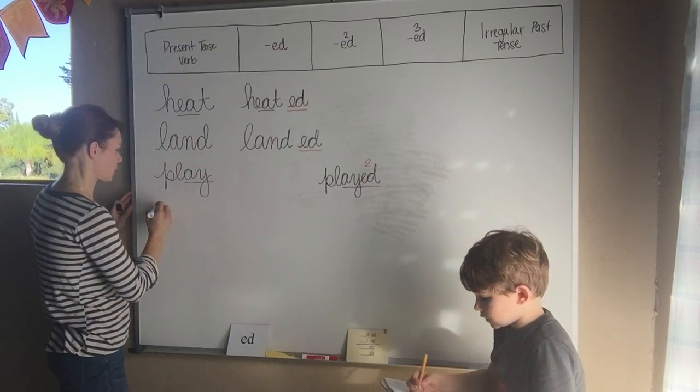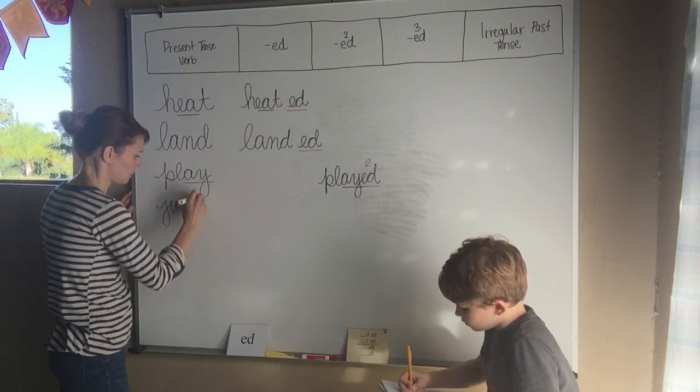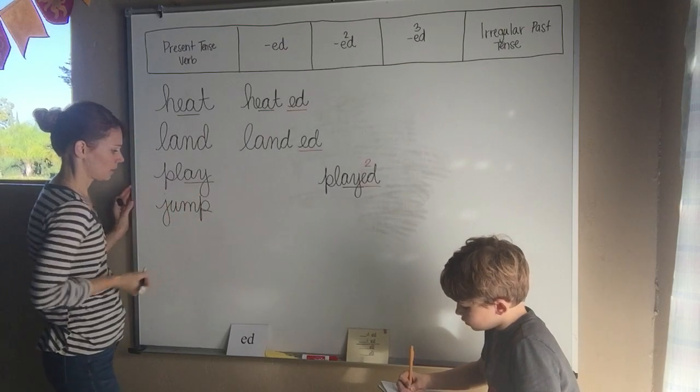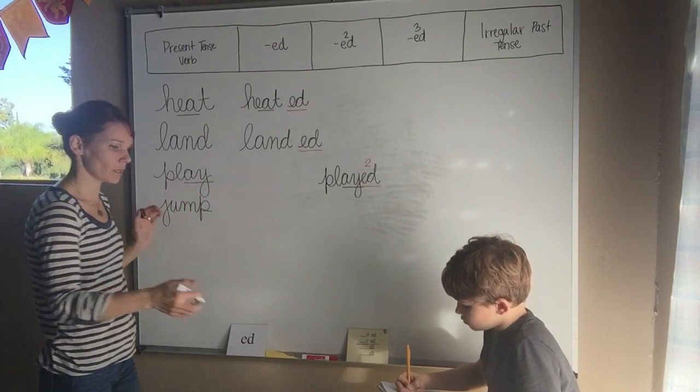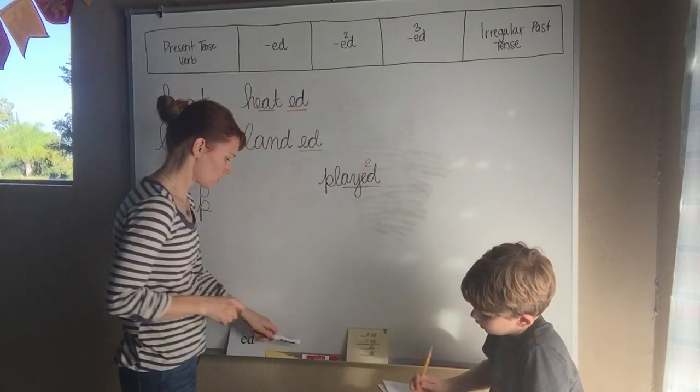Let's say it as we write it. Ready? J, A, M, P. Oh, we're in our base word column over here, right? Underneath play. Sorry. That's all right.